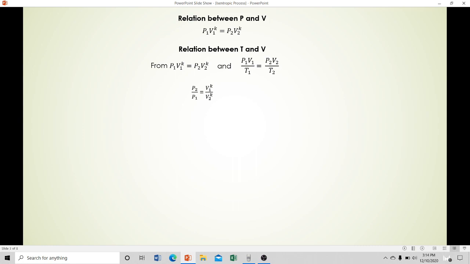So we can get the equation relating T and V from all these equations that we have discussed.